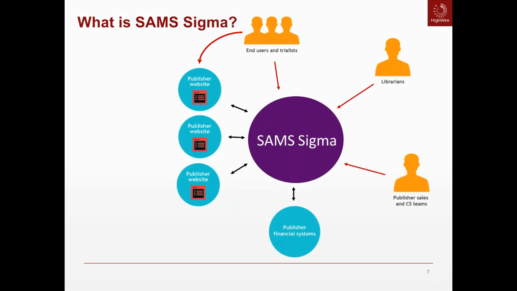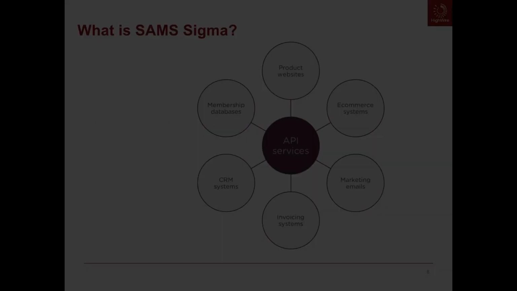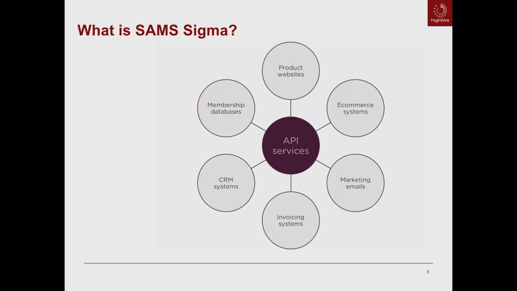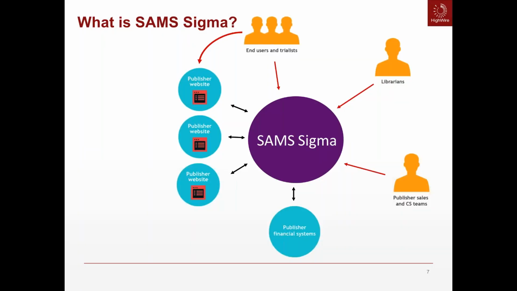And the final user is the end user, and these are the users that interact with the content sites. What I will show you is the login mechanism that SAMS Sigma provides for these content sites to enable this single sign-on process.